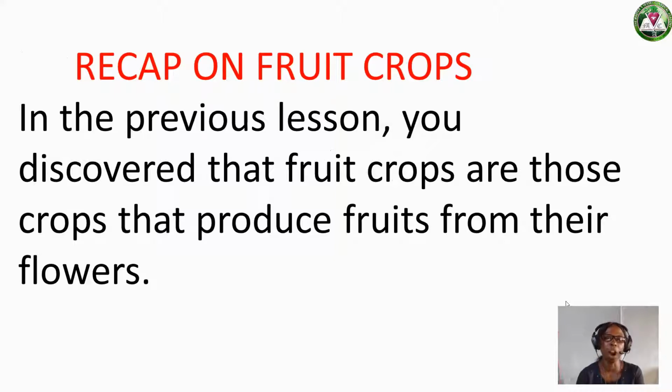Then recap on fruit crops. In the previous lessons, you discovered that fruit crops are those crops that produce fruits from their flowers.